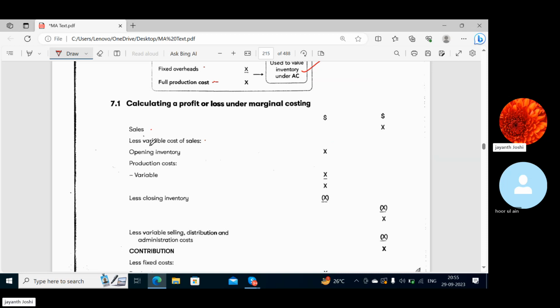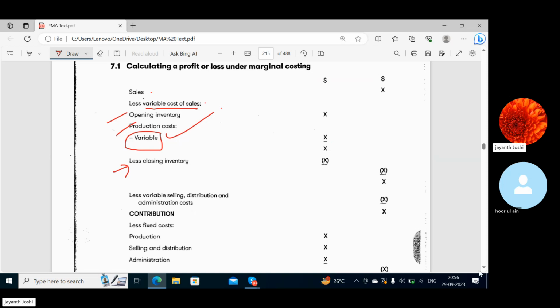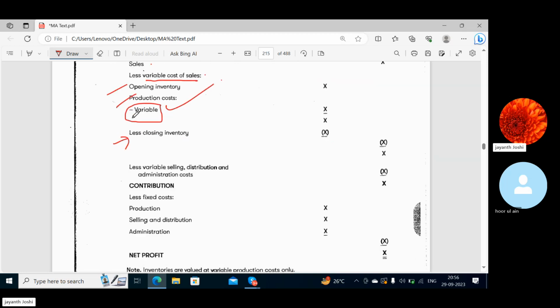You take opening inventory and production cost, but only variable production cost, no fixed production cost. Please understand, less closing inventory; this is what goes under product cost.